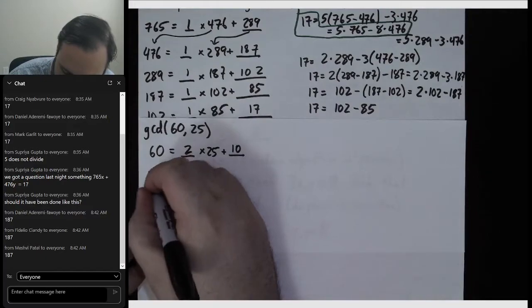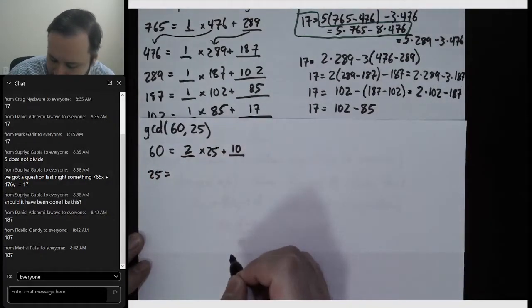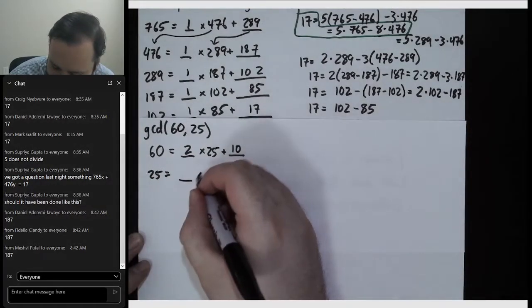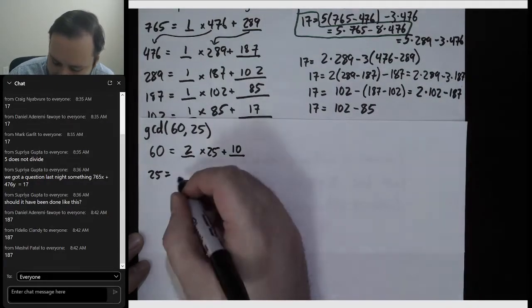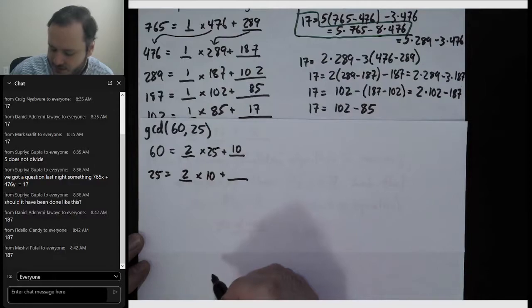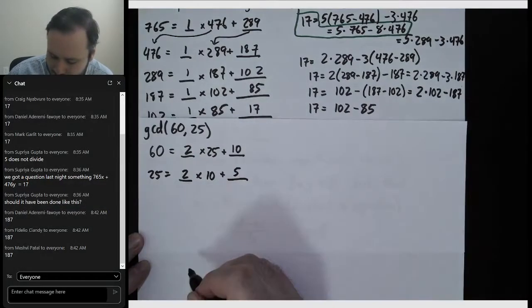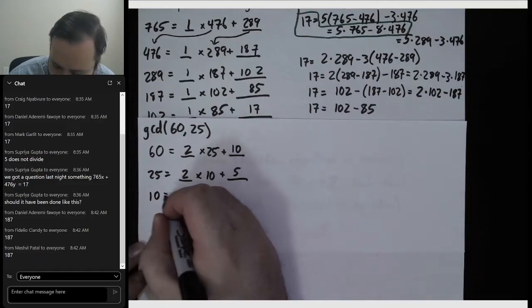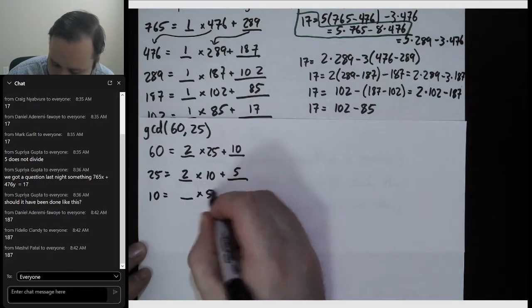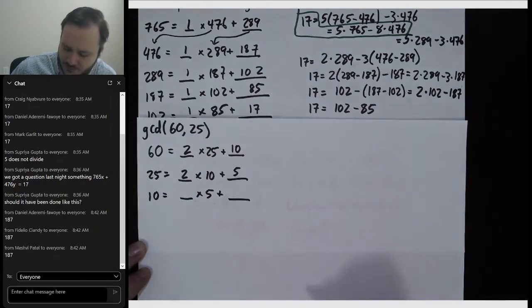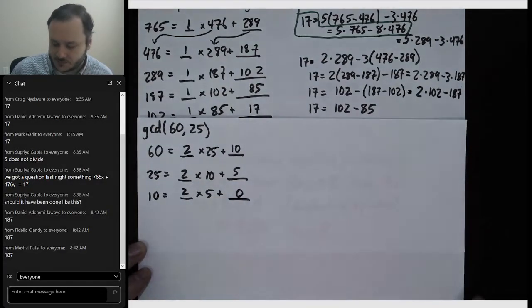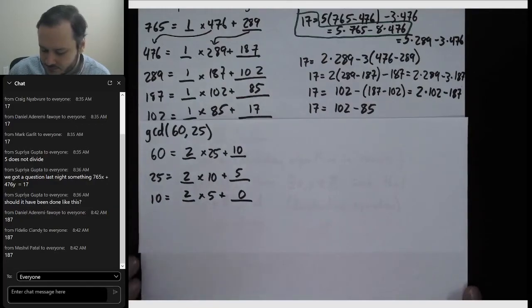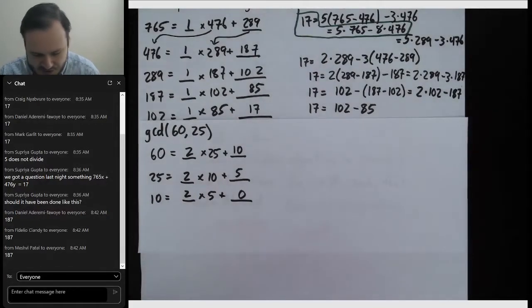Shift everything over. 25 is equal to something times 10 plus something. Again, I can fit 2 copies of 10 in there, with 5 left over. And now shift over, shift over. I can get 2 copies of 5 with 0 remainder. Okay, so that tells me what my GCD is.